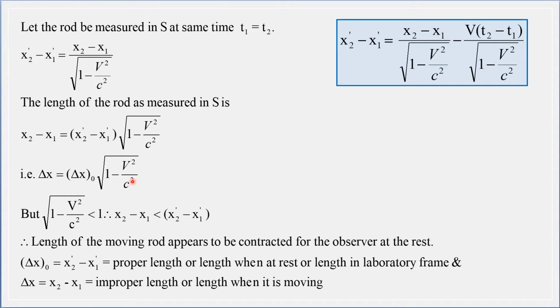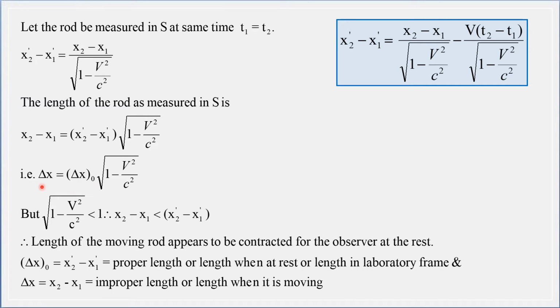That means v square by c square is very small as compared to 1. And so root of 1 minus v square by c square is much less than 1. So that means x2 minus x1 is less than x2 dash minus x1 dash. So delta x is less than delta x 0.